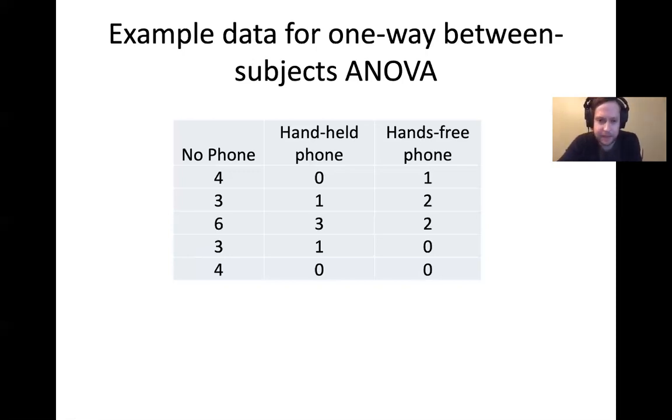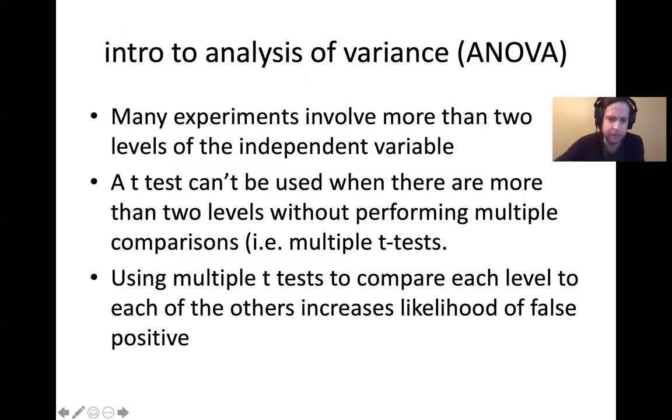But the problem is, and this is what the book does a good job explaining, and I think I explained it a little bit in the notes portion, that as you use more t-tests, the likelihood of a false positive increases. So basically, the definition of alpha is the probability that we will get a false positive. Alpha usually is set at 5%.